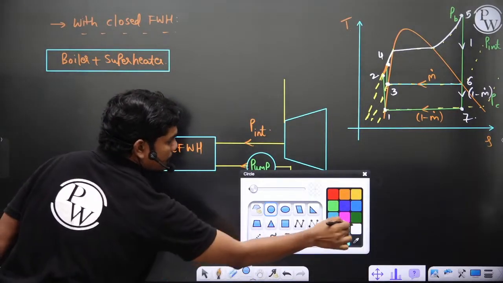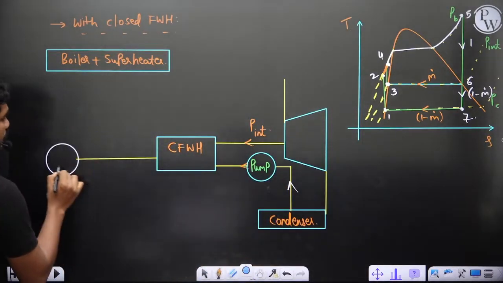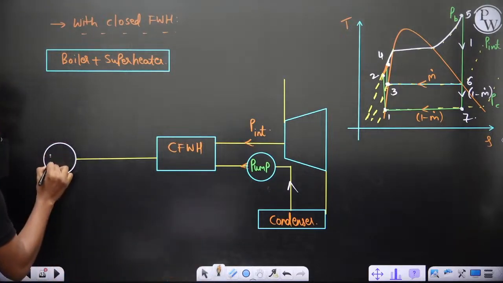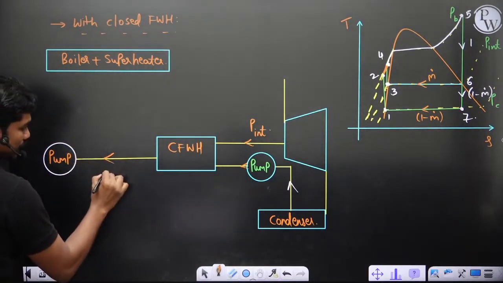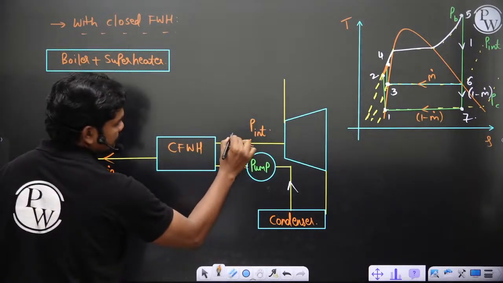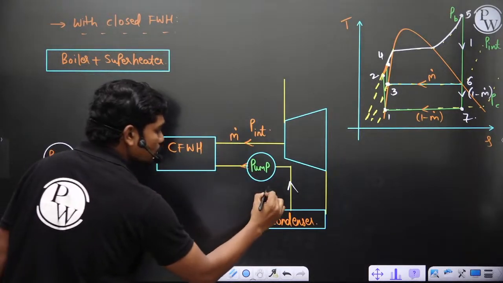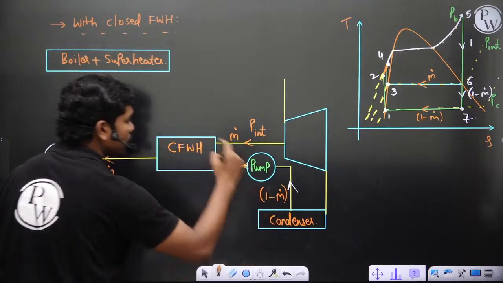You can see you have a pump like this, and this pump will have a mass flow rate of only m dot, because this other pump is already taking this 1 minus m dot to P boiler.